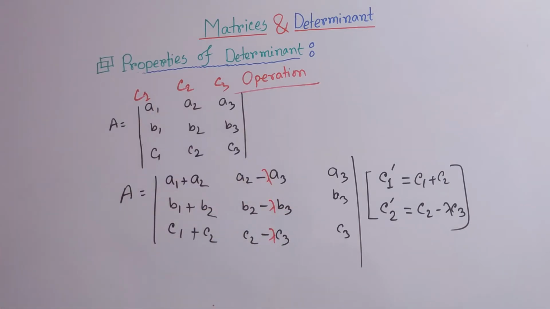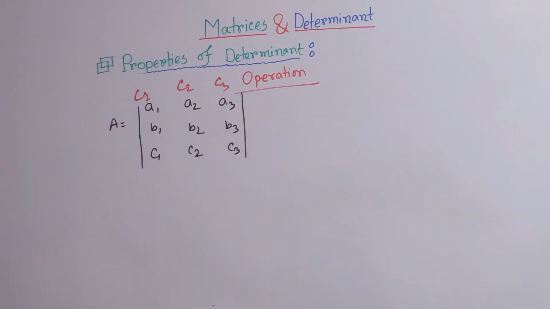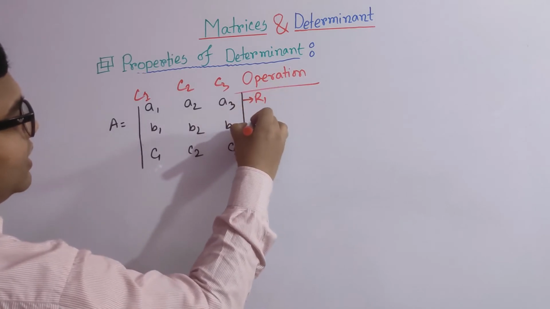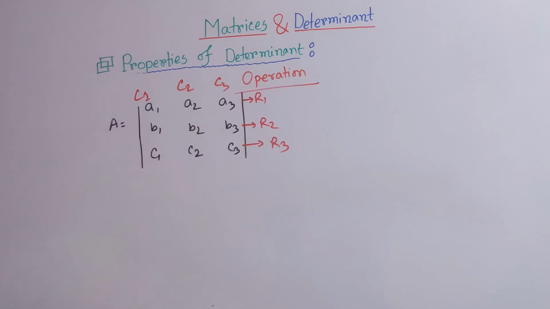Now we are trying to focus on our row operation. How we can go for our row operation? This is our first row, this is our second row, and this is our third row.